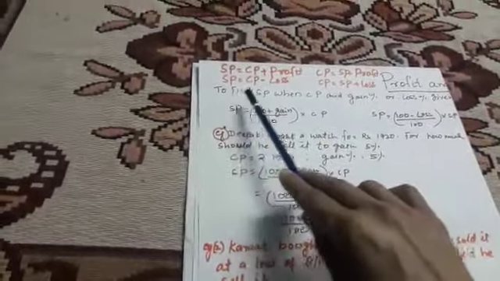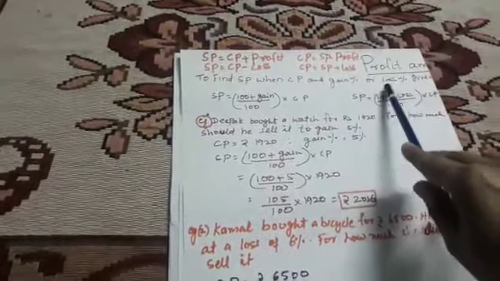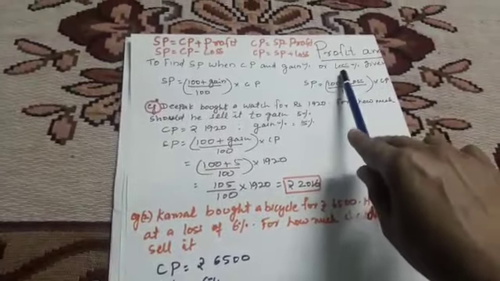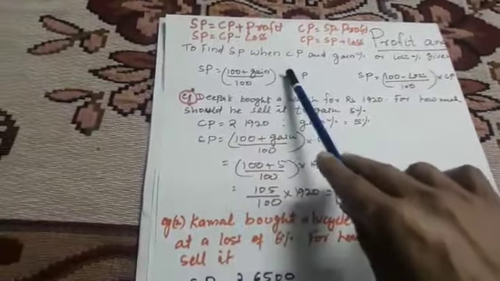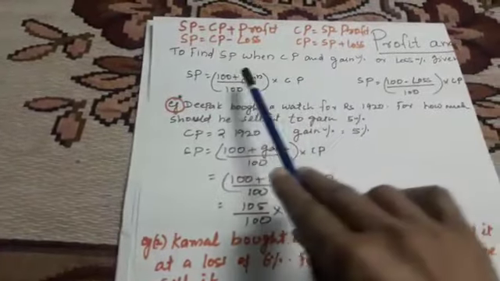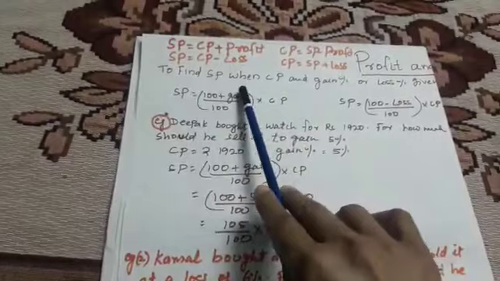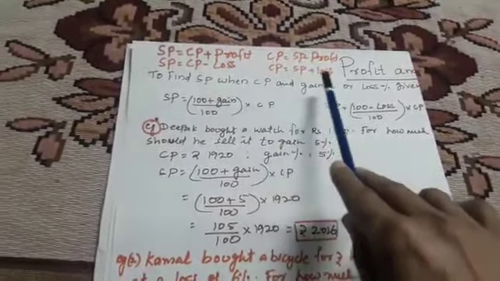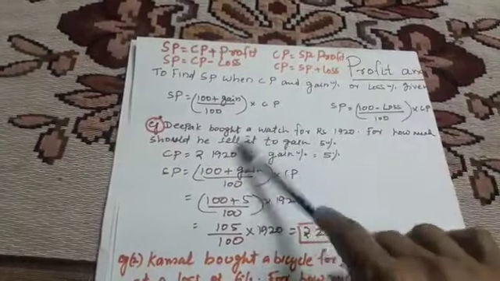Now there are some cases when the loss or the profit will be given to you in percentage. In that case, how will you find CP or how will you find SP? Let us see the formula to find SP when the CP and the gain or the loss percentage is given to you.